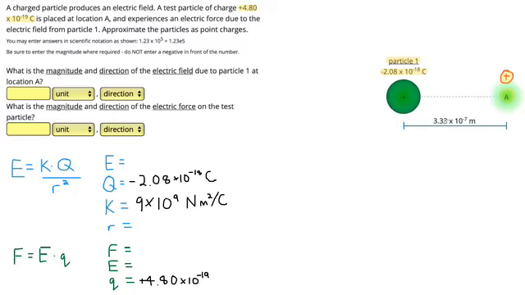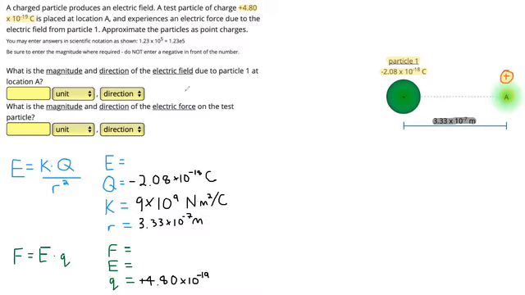And we've also been given the distance from the main particle to the test charge, so we can fill that in as well. That's 3.33 times 10 to the negative 7 meters.